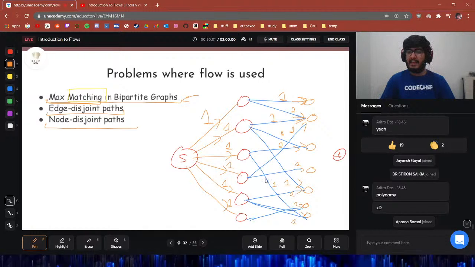So all of the edges have been replaced by unidirectional edges, and finally we are going to add unidirectional edges from each woman to the destination node with capacity 1.